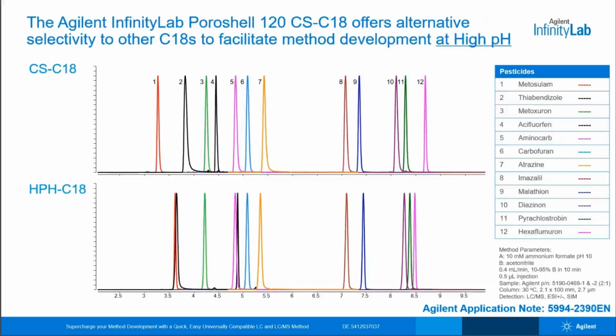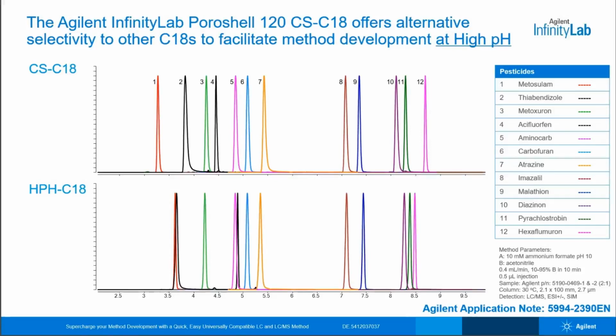Speaking of robustness, be sure to use an appropriate column if working at high pH, such as the CSC18 or HPHC18 shown here. These phases are synthesized by chemically hybridizing the silica, resulting in a stronger, more robust particle, which allows for longer lifetime under these stressful chromatographic conditions.